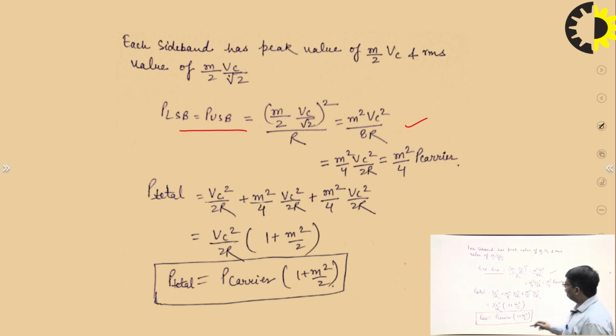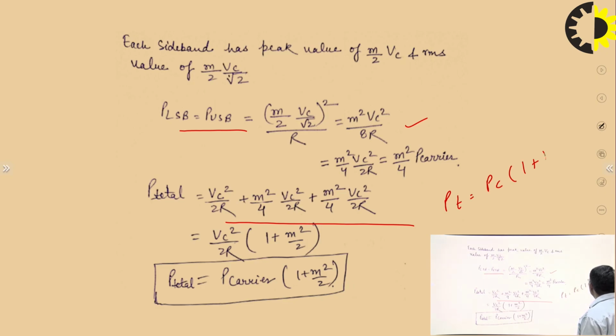Then the transmitted power or total power PT equals Pc into 1 plus Ma square by 2. This is the relation between the modulation index, carrier power and the total or transmitted power in the case of AM.